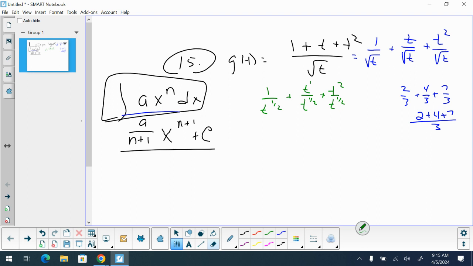Well, if I have a like basis, what do I have to do with my exponents when I'm dividing? Subtract them. So what this turns into is just t to the negative 1/2.